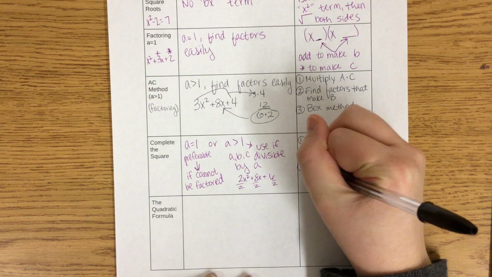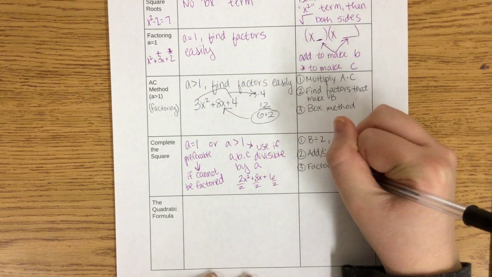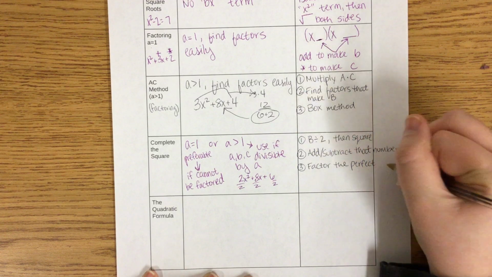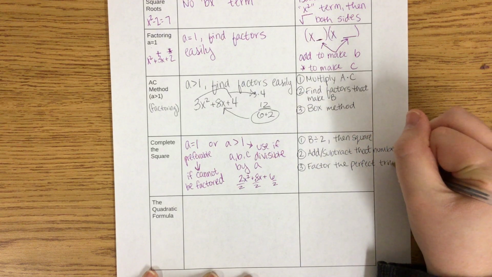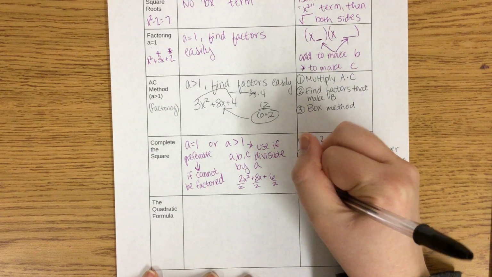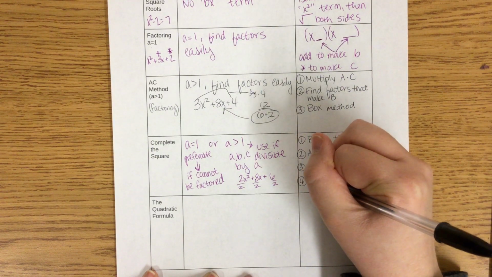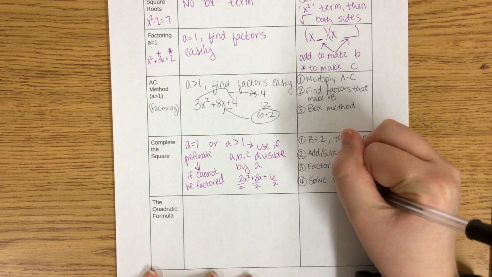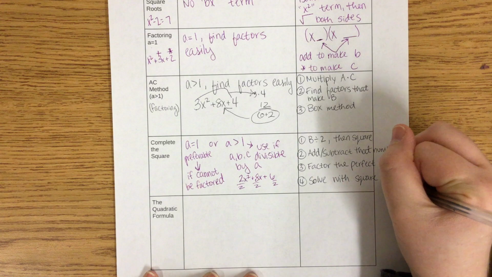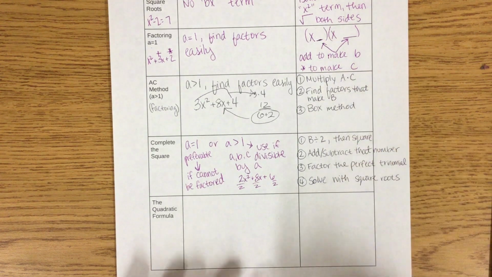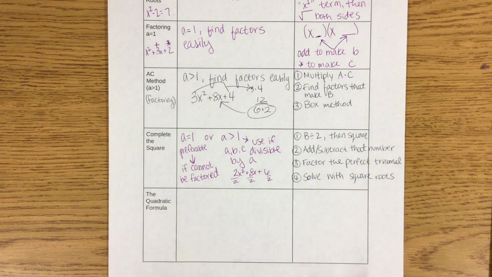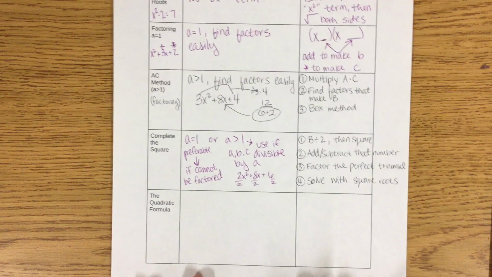And then we factor the perfect square trinomial. And then we pretty much solve using square roots almost. Again, if you want more examples of completing the square, come talk to me. We've got a whole back page we can use for that.